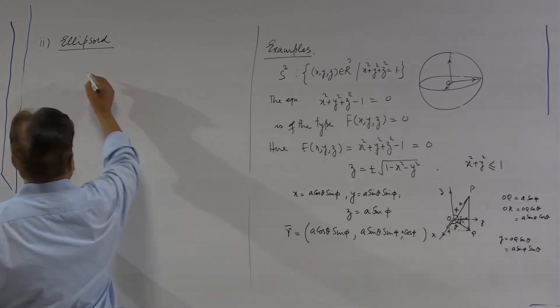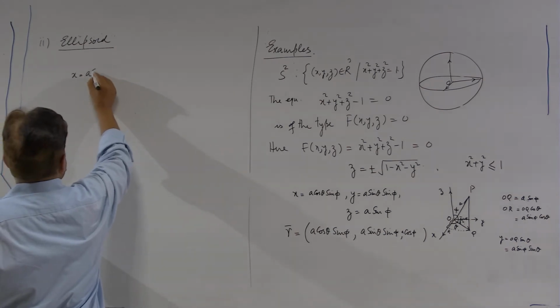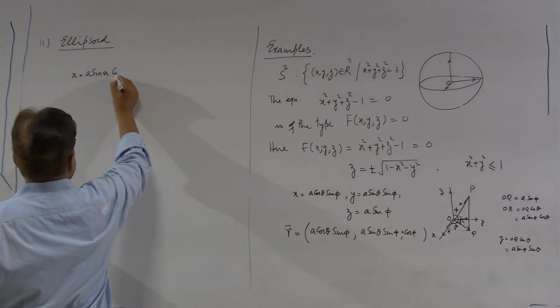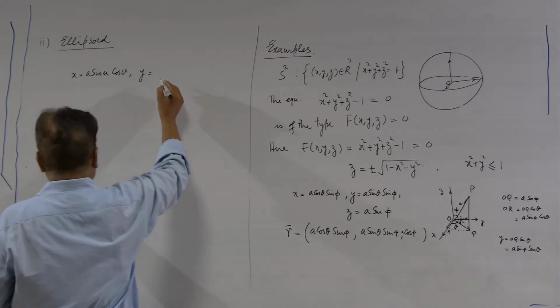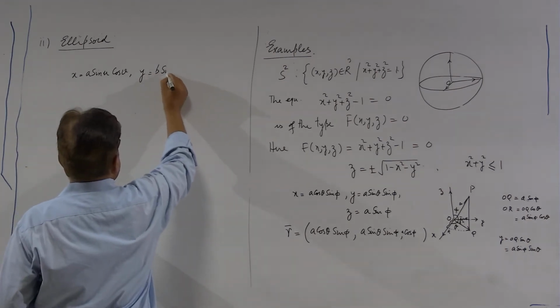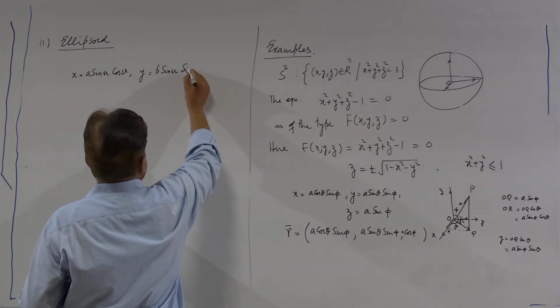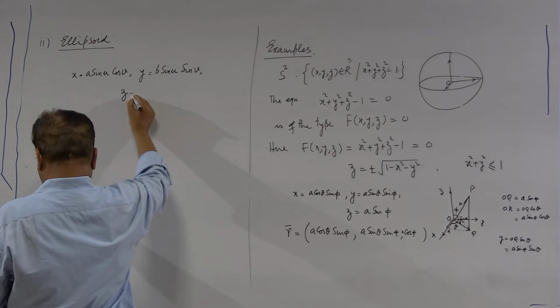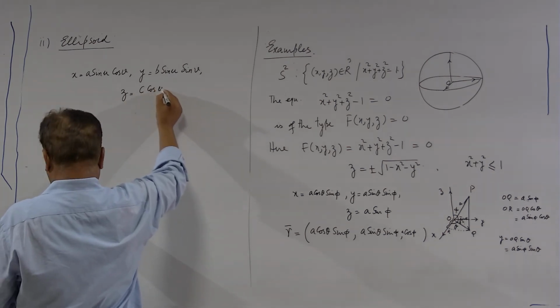Its parametric equation will be x equal to a sin u cos v, y equal to b sin u sin v, and z equal to c cos u.